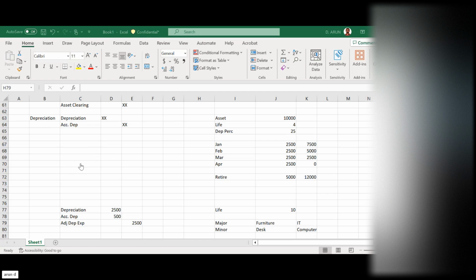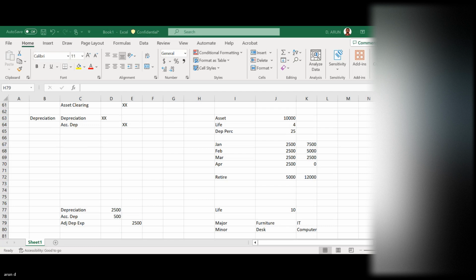So apart from this, we have the retirement and reinstatement. What is retirement? Meaning that if I want to record the retirement, I can record it. So what would be the accounting entry if I am retiring this particular asset?